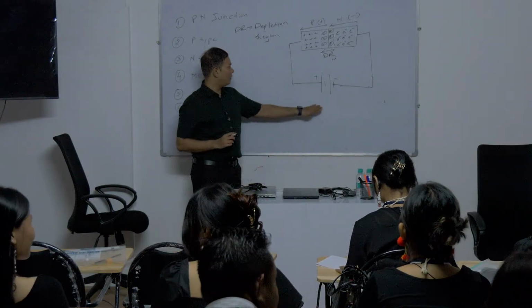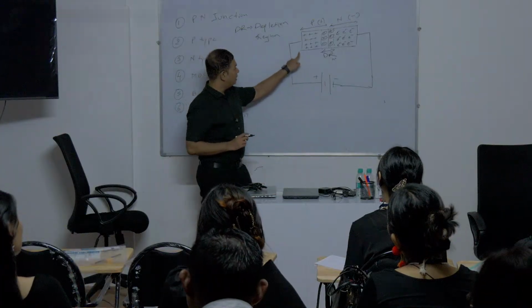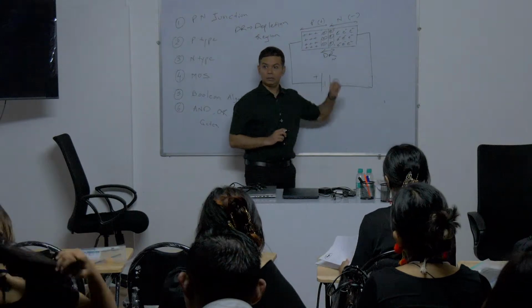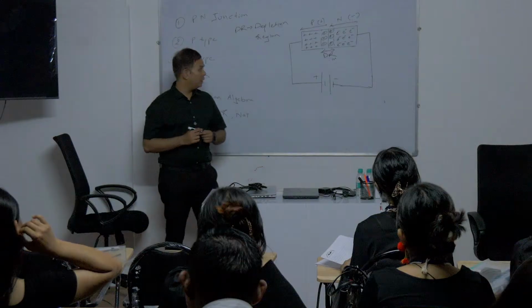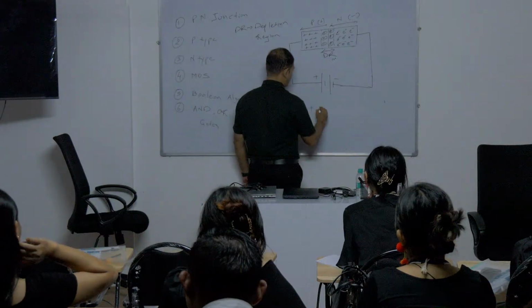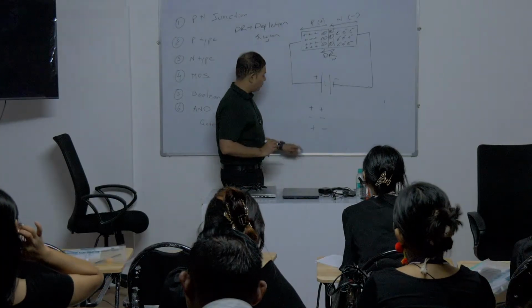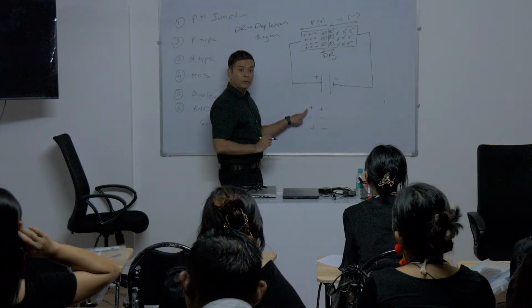Now tell me what will happen because of this. If I connect the positive of the battery to the P side and the negative of the battery to the N side, what will happen? Tell me. When we increase the voltage, you should know that positive and positive, negative and negative will repel, while positive and negative will attract.